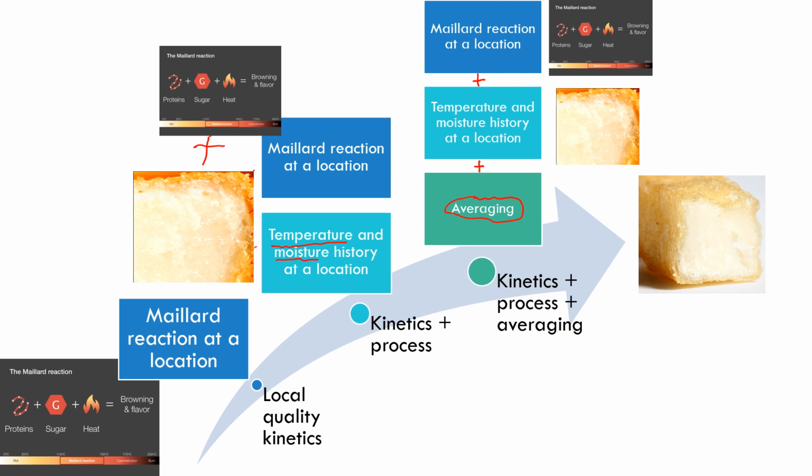From there we get description everywhere, and then we need to come up with some sort of averaging. Now this averaging may be trivial in case of color, but for some other quality factors, let's say mechanical property, this averaging is not trivial at all. But there are different ways of averaging that we will talk about in specific examples. But here we see a complete example of a mechanistic description of color.